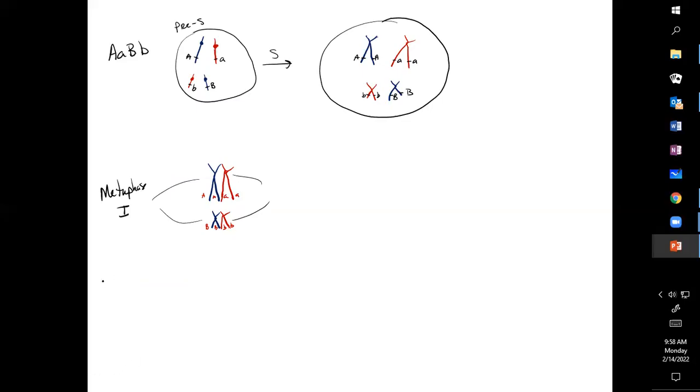And so let's zoom forward to what that's going to look like in metaphase 2. In metaphase 2, we're going to have 2 cells, and one is going to contain both of the paternal chromosomes.